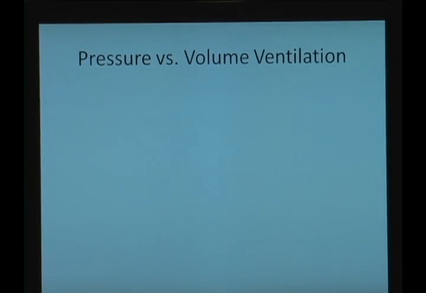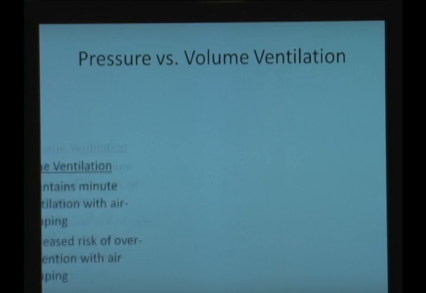Okay, so let's look at this. Pressure versus volume ventilation. So there are actually pros and cons of either approach. And you could argue that there is not one approach which is clearly absolutely better than the other. Although if I voted, I would have voted for volume control. And we'll see why.